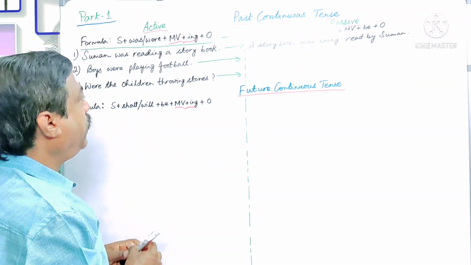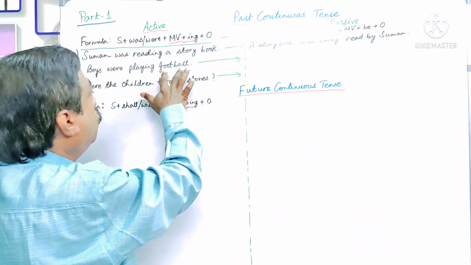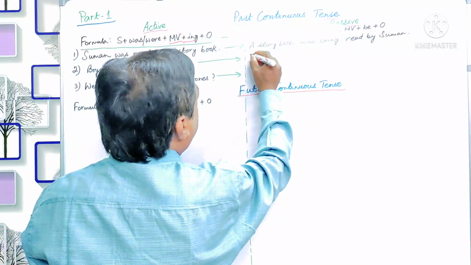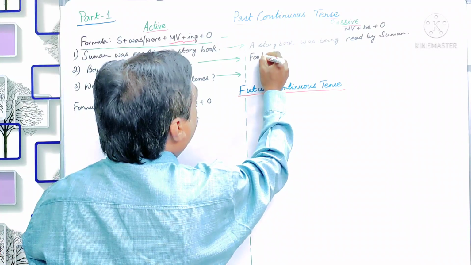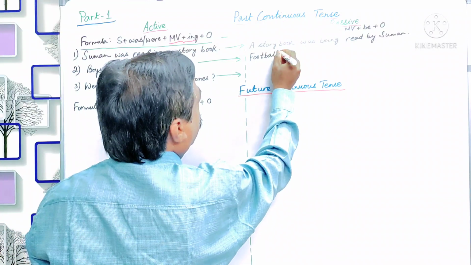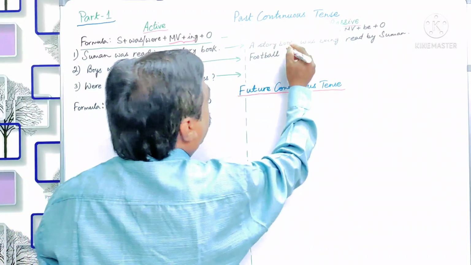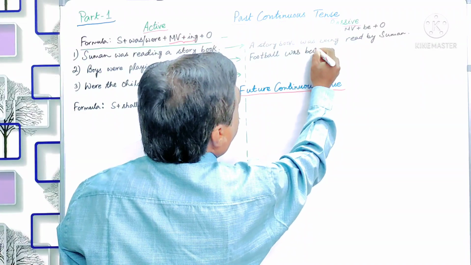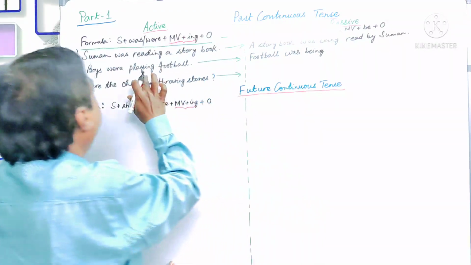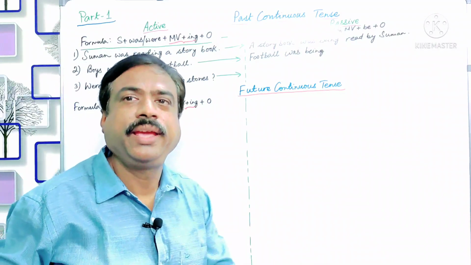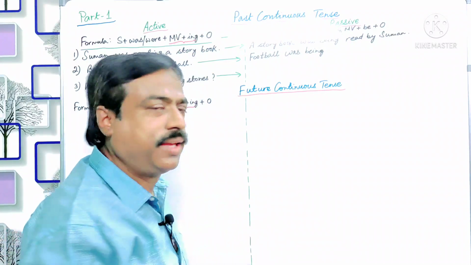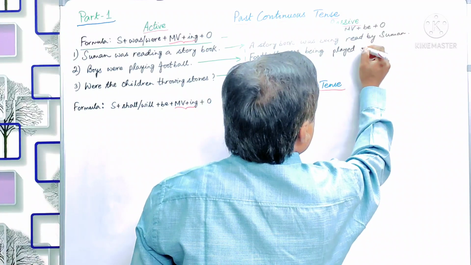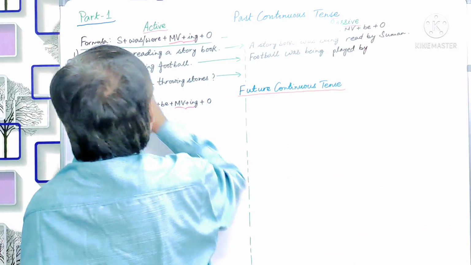Next, boys were playing football. So the object here is football. So you have to start with football. You have to place was, being. Here the main verb is play. So play, played, played. Played by boys.